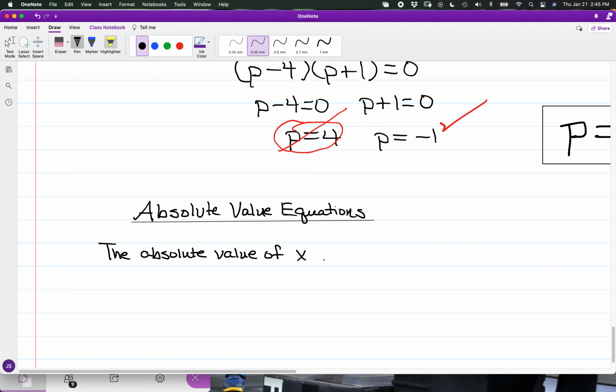Just symbolically, the absolute value of x we denote by vertical bars surrounding the letter x.